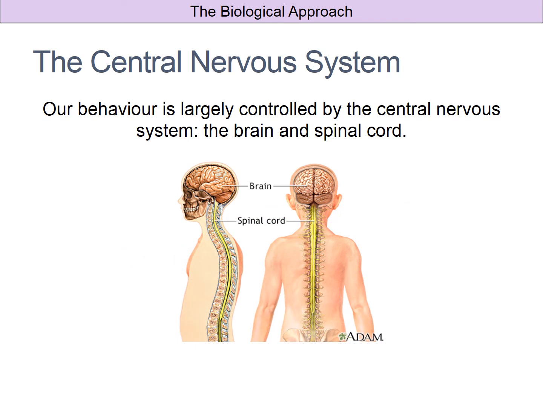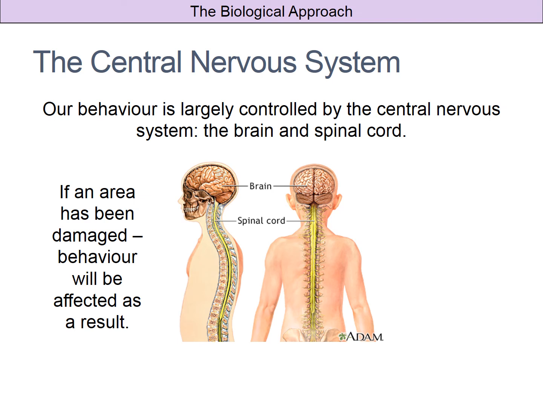The last section you need to know about is the central nervous system, which, as you can see in this diagram, is composed of the brain and the spinal cord. Now, the brain and the spinal cord are central to all of our behaviours and all of our bodily processes, even the ones that we don't do consciously, like breathing and keeping our heart beating. So any changes to the brain or the spinal cord necessarily will impact behaviour as well.